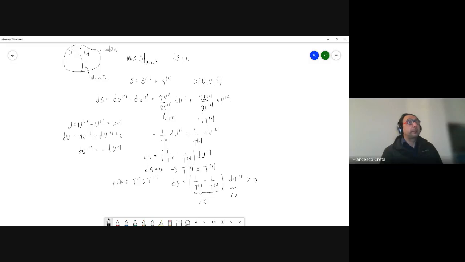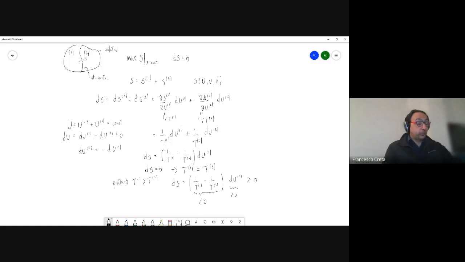So subsystem 1 will lose internal energy in favor of 2, so that essentially the two temperatures will get back to being the same temperature. So heat will flow spontaneously from the hotter to the colder. This is what we wrote down here.